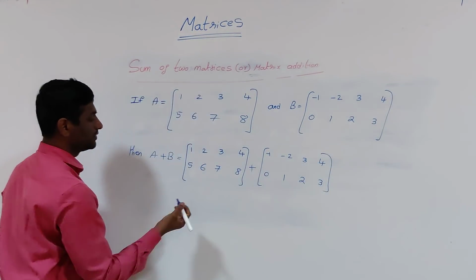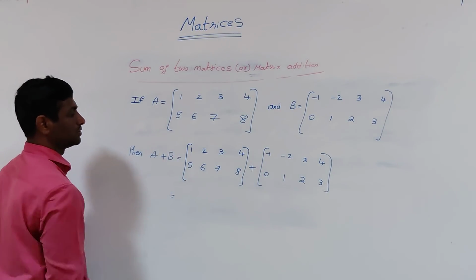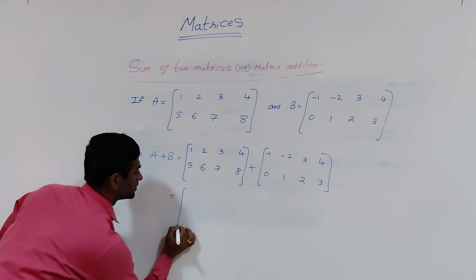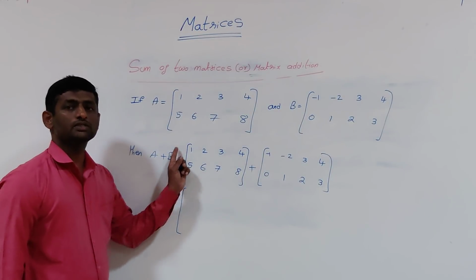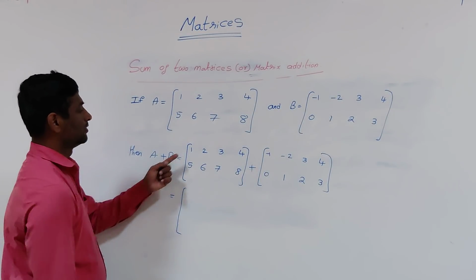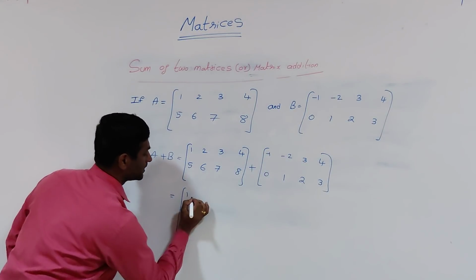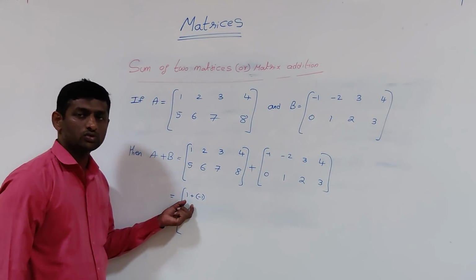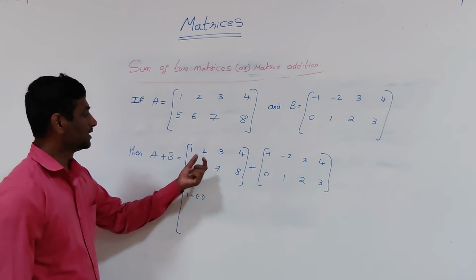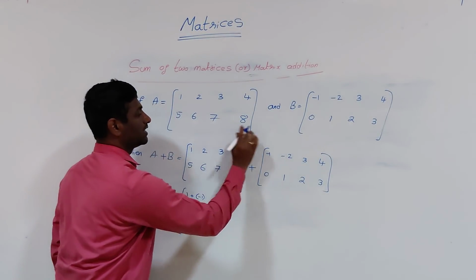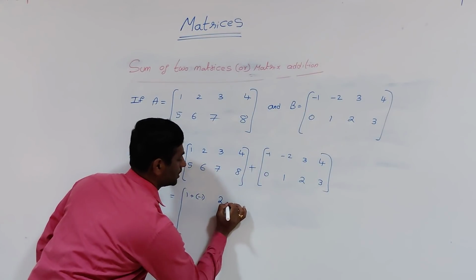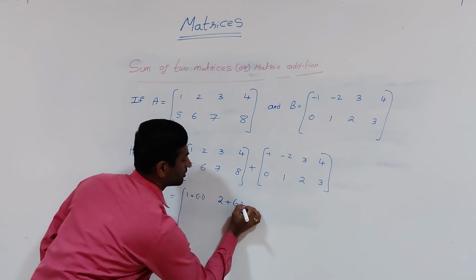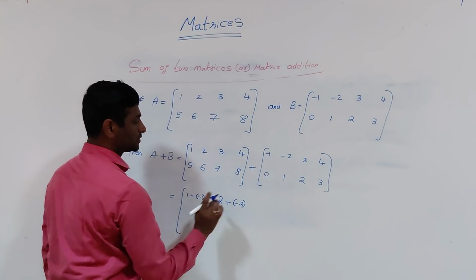Now what will give the matrix of the sum of two matrices? The sum of the corresponding elements. 1 plus -1, which is the first row, first column element. Next, 2 plus -2.